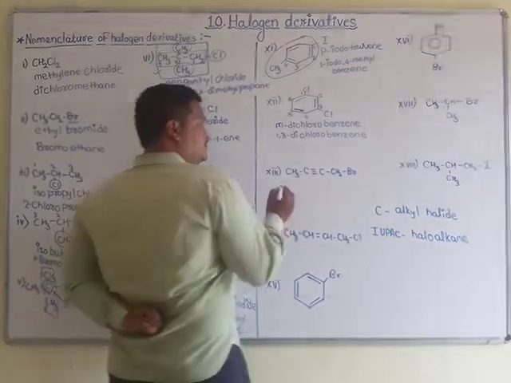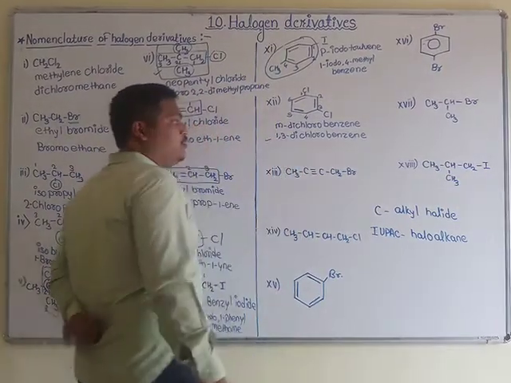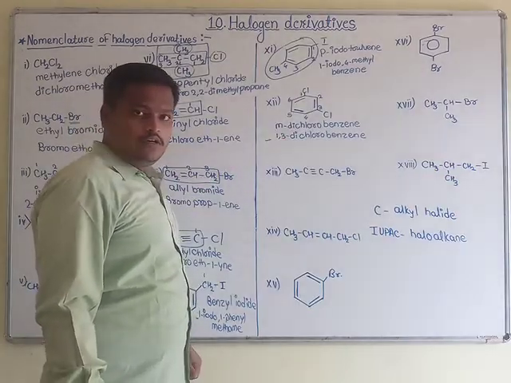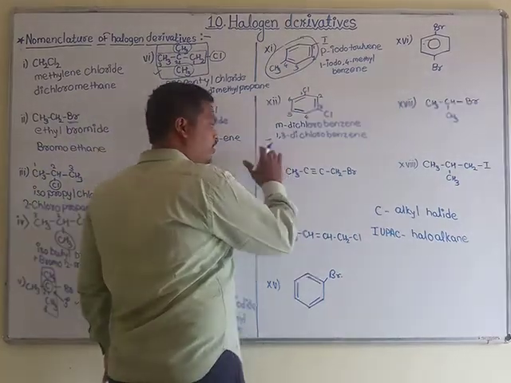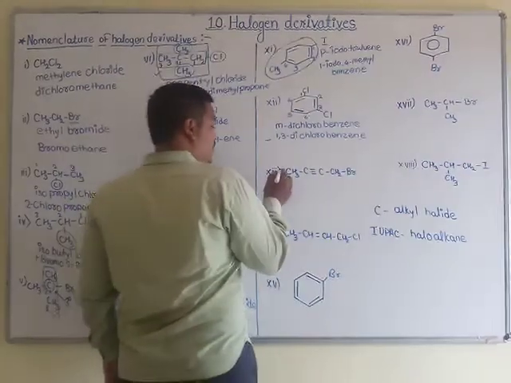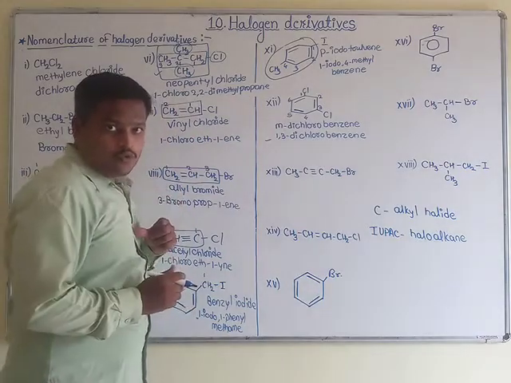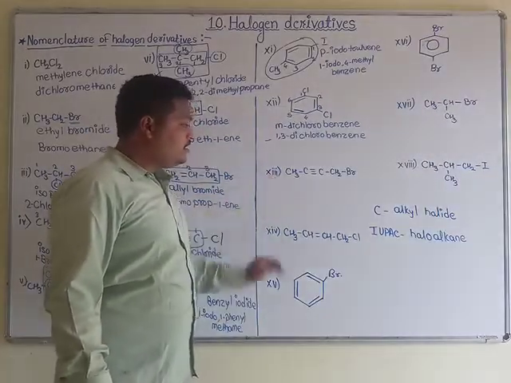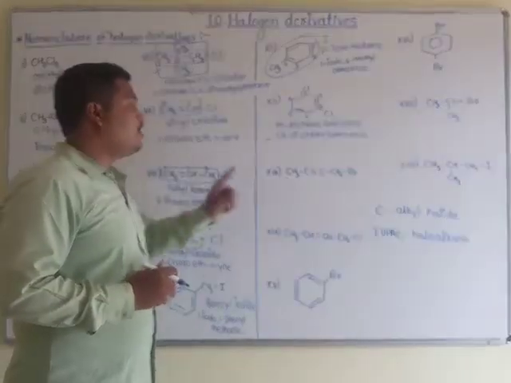Okay, here these are the questions which are present in your textbook, and after this we are only interested in giving IUPAC names, because these questions are in your textbook. So from 13 we will give the IUPAC name to each compound.